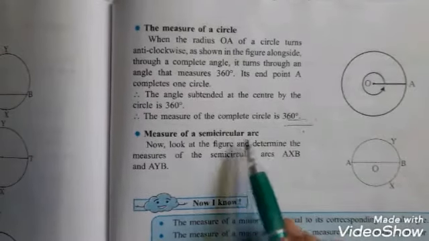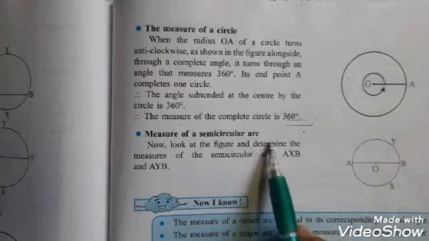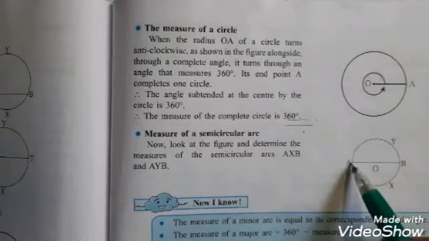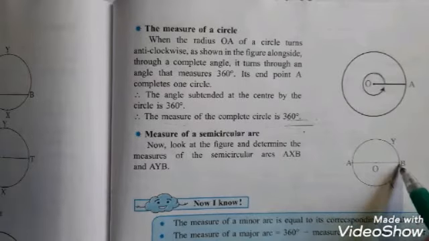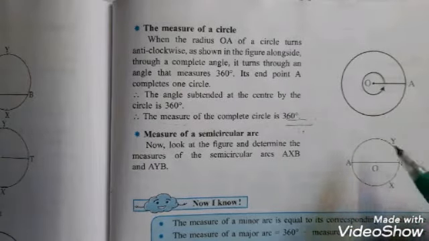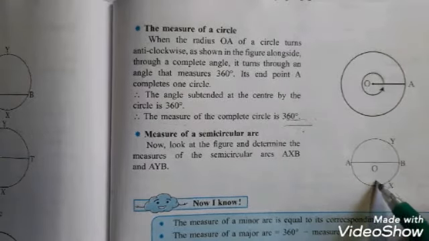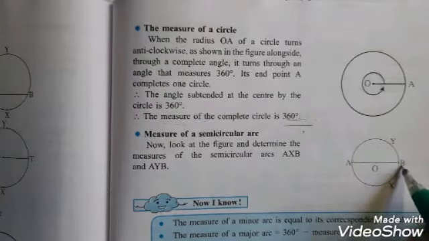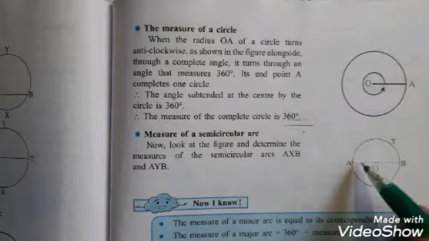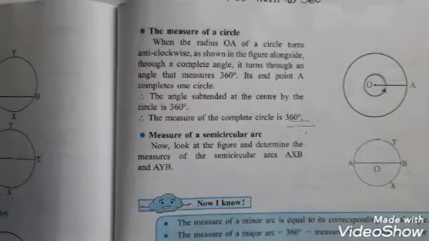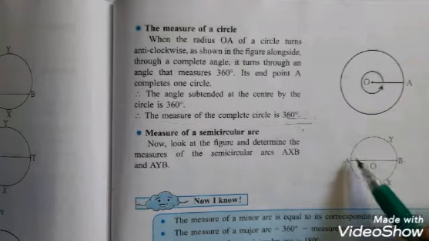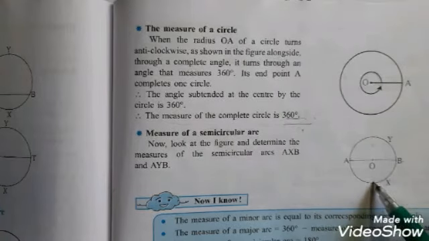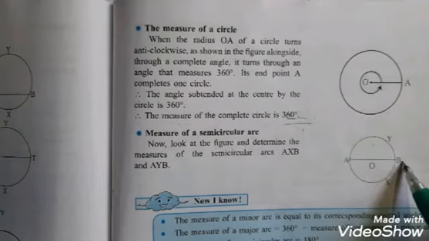Next, measure of a semicircular arc. Now what is a semicircular arc? Now we can see AB is the diameter of the circle. This segment AB divides the entire circle into two equal halves. So the diameter AB divides the circle into two semicircular arcs. Those two equal arcs are called semicircular arcs because the circle is divided into two equal parts with the help of a diameter.